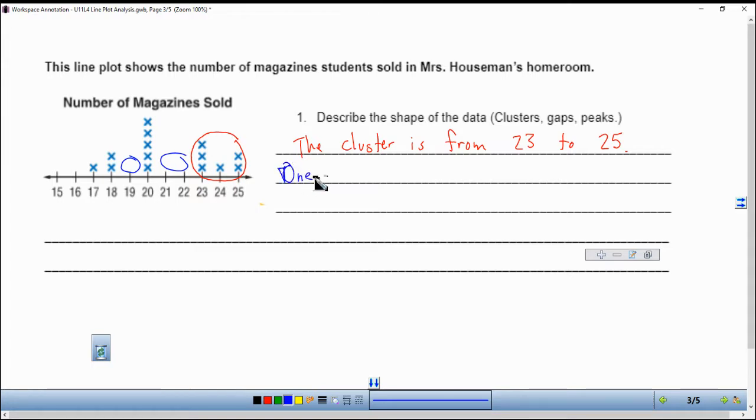One gap is between 18 and 20. And another is between 20 and 23.